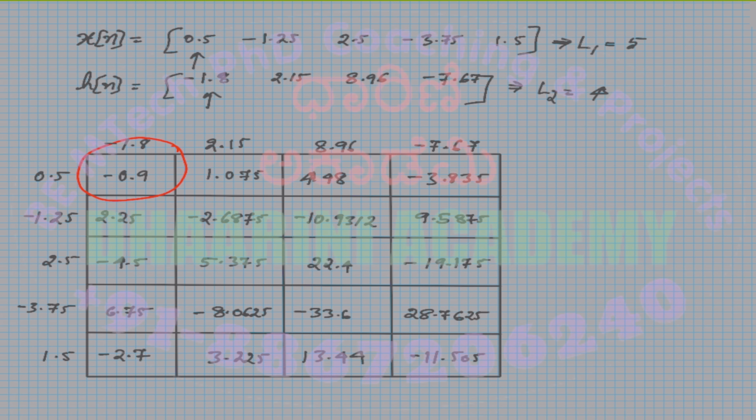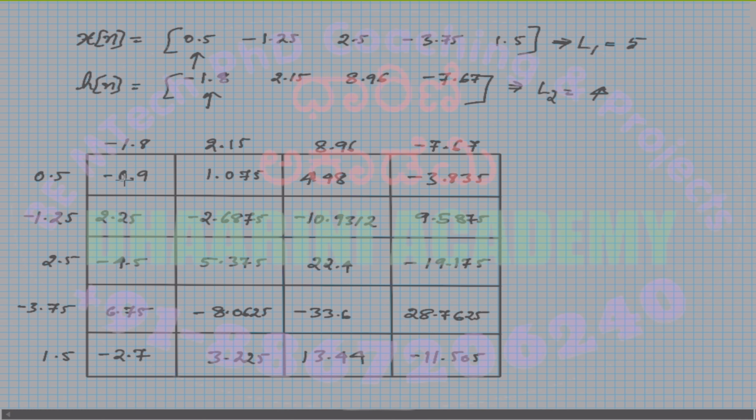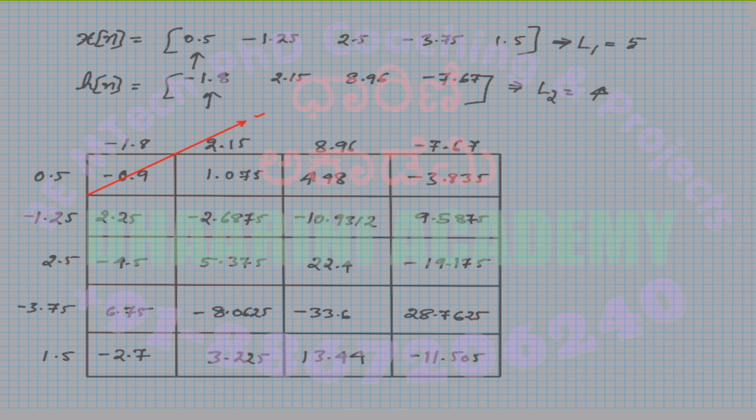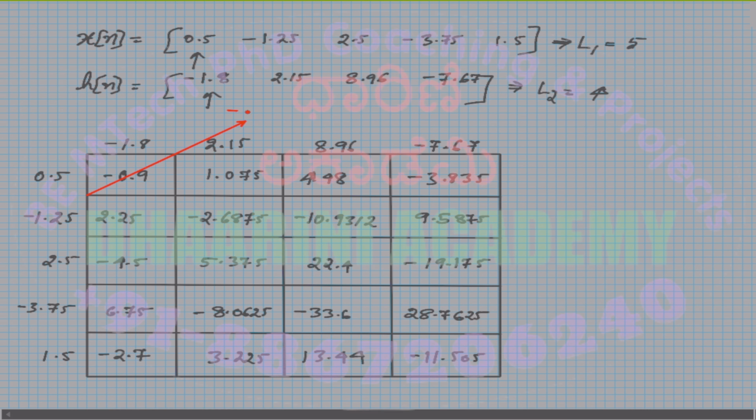So always your answer starts from that particular cell of the table. I'll put an arrow mark just for your reference. Whatever numbers come, I want you to add. In this case, it is only one number, so the first answer is just minus 0.9. Anyway, we'll verify this answer later by running the code itself. We have written a code already.